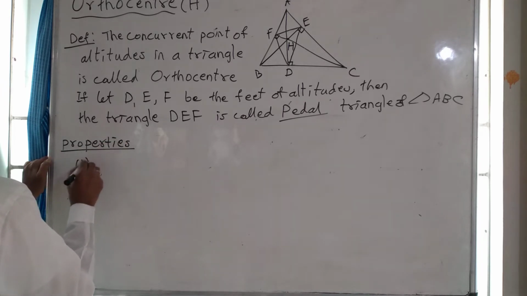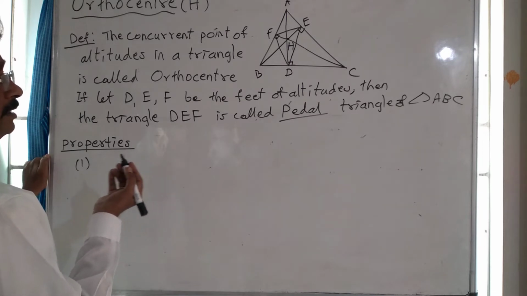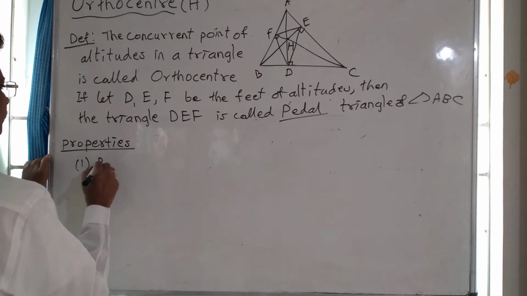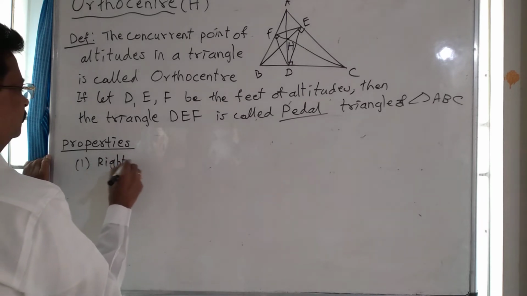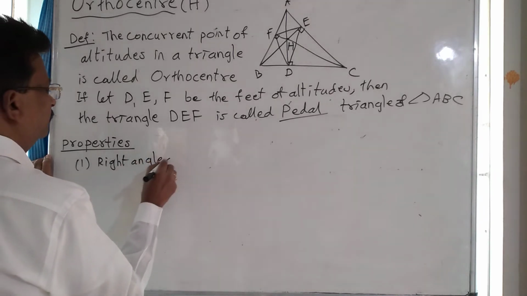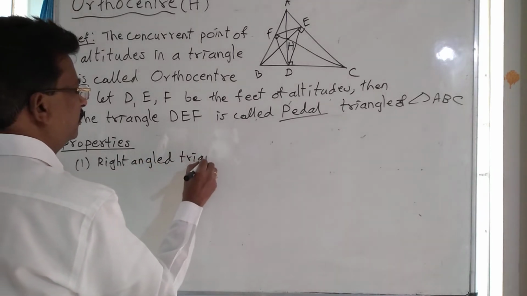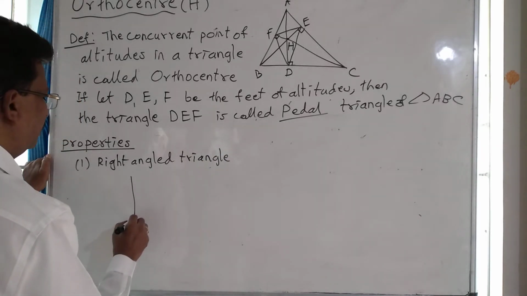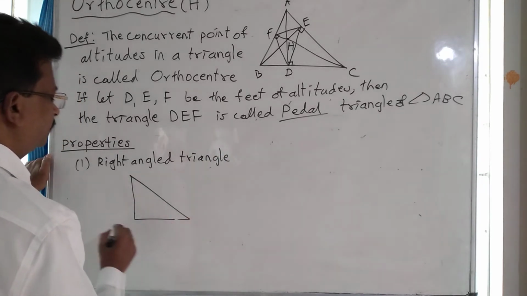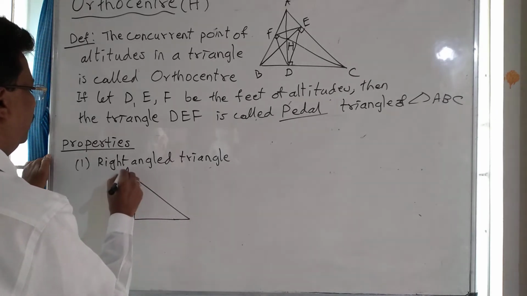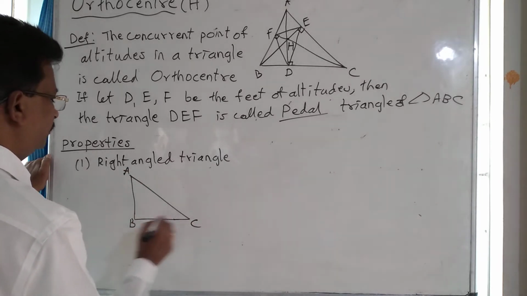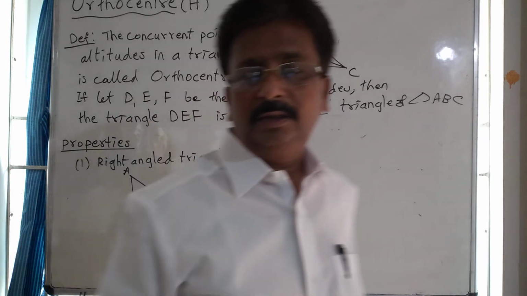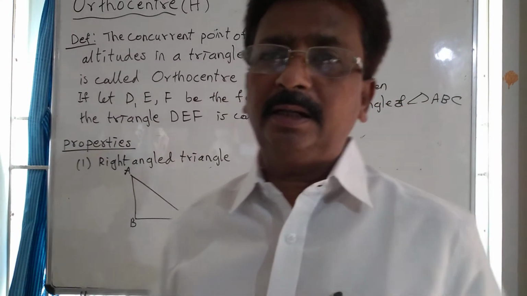If the triangle is a right angled triangle, I will draw the right angle triangle here, A, B, C. At the point B, I have taken the right angle.